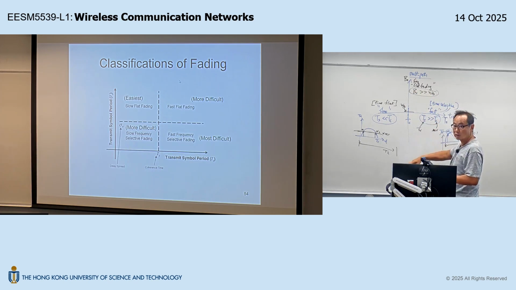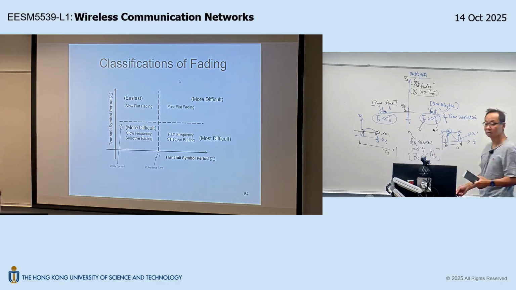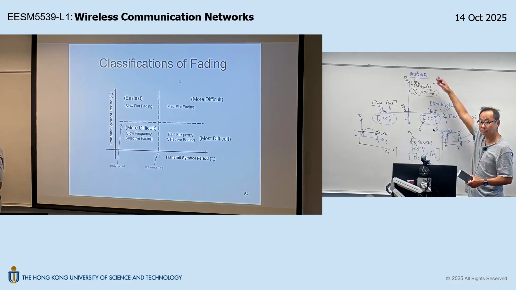On the lower side of this axis, this corresponds to what we call frequency selective fading. So in terms of parameter, this corresponds to the coherence bandwidth much less than the transmission bandwidth. So these are the two regions.